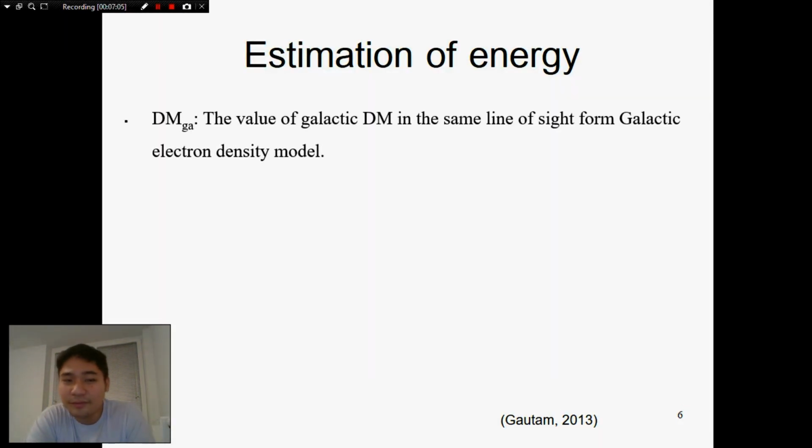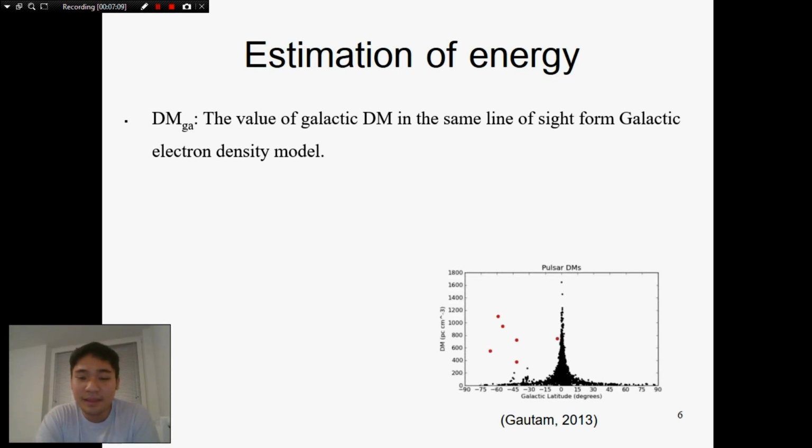How? First, I will introduce this parameter called DM galaxy, which is this black plot here. This is the plot between DM and galactic longitude. What galactic longitude means is, imagine that my arm is the Milky Way galaxy. If you are looking through the Milky Way along this line, it means you are looking at galactic longitude 0.